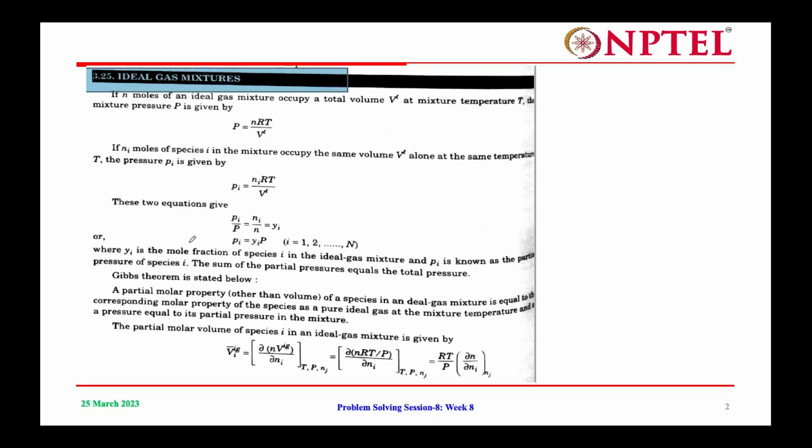Starting from the ideal gas mixture: if n moles of an ideal gas mixture occupy a total volume Vt at a mixture temperature T, the mixture pressure P is given by P = nRT/Vt.